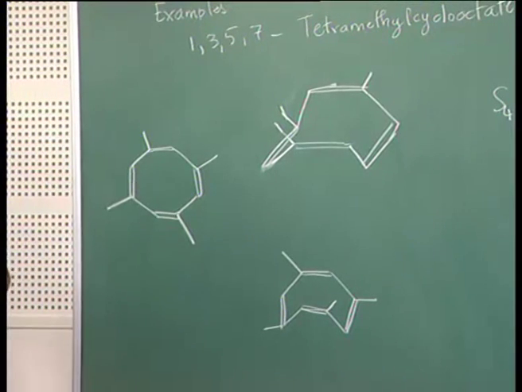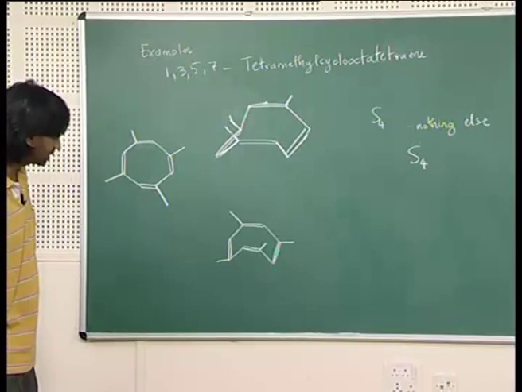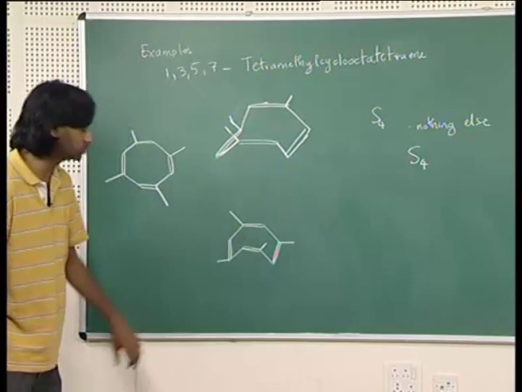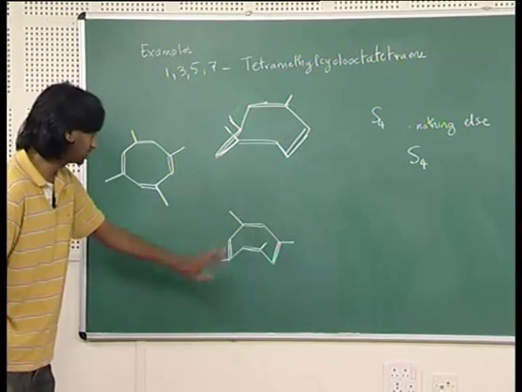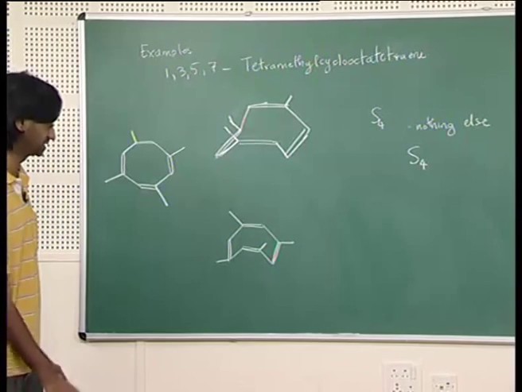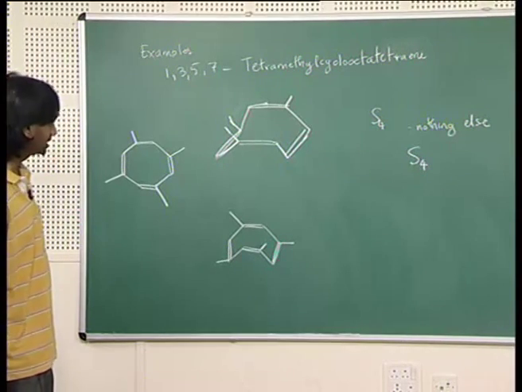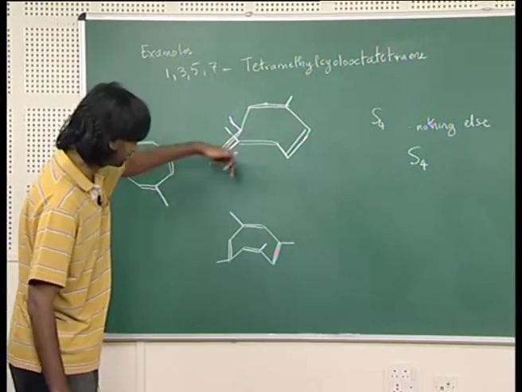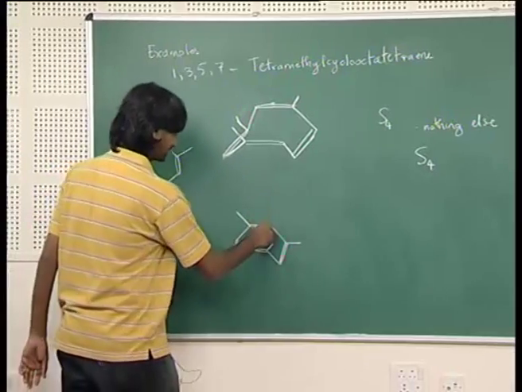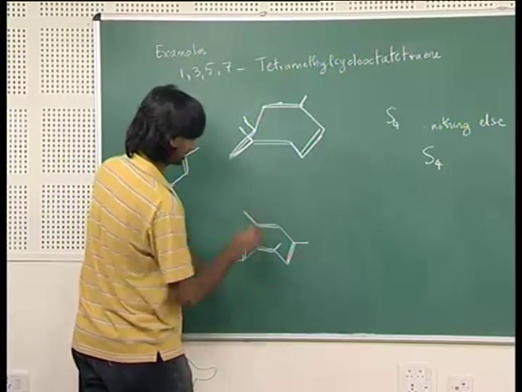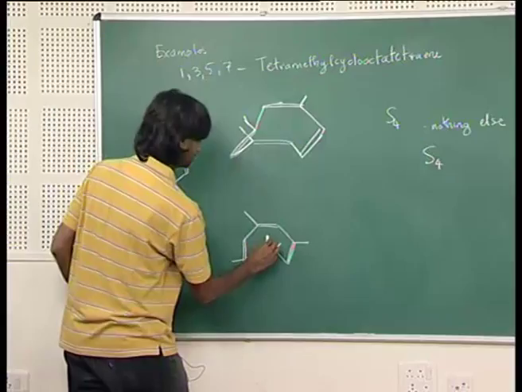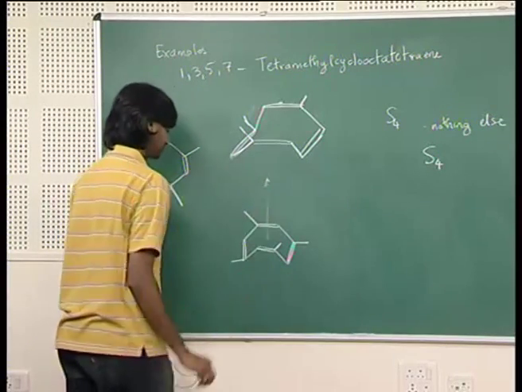Okay. Now, what you notice is that because of these methyl groups, a lot of the rotation symmetries will be destroyed. What you also notice is that if you imagine an axis that passes right in between this, so something like this.